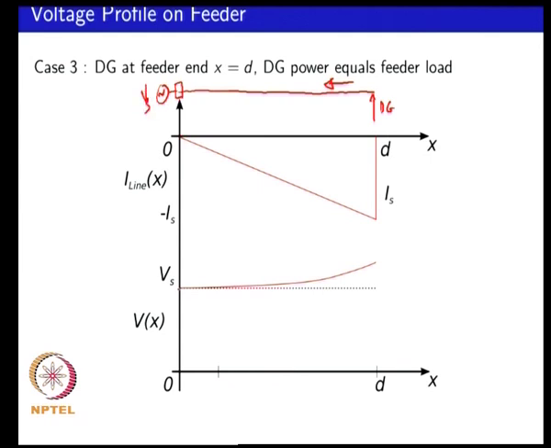So, in this case again you do not have a boost term, but now instead of having a voltage drop, you have a voltage boost which is now coming towards the end of the feeder, and if you look at the voltage, you will end up with a higher voltage at the end of the feeder than what you had in the nominal situation. And so, here you see an increased voltage at the end of the feeder compared to the case when you did not have a DG unit connected.